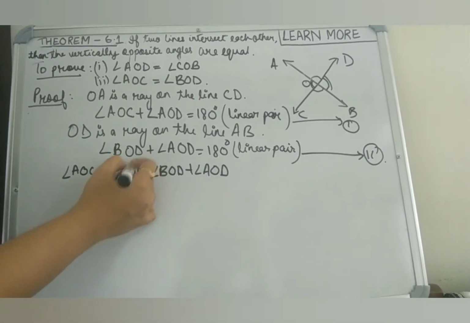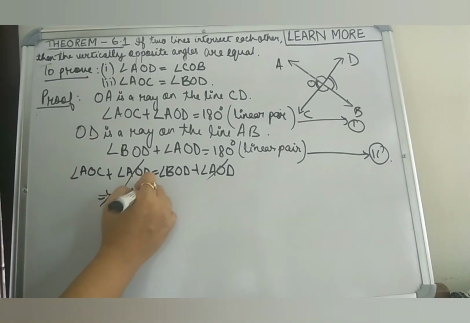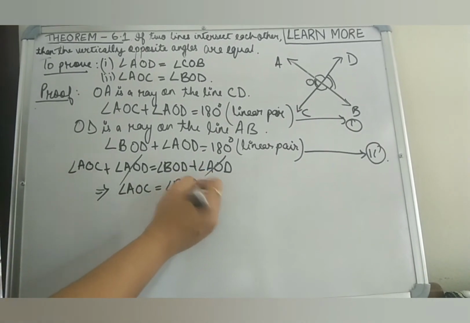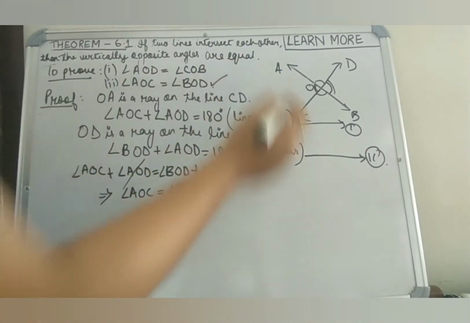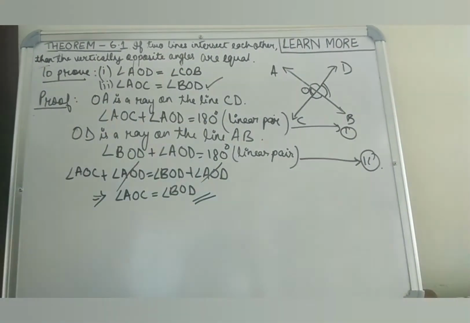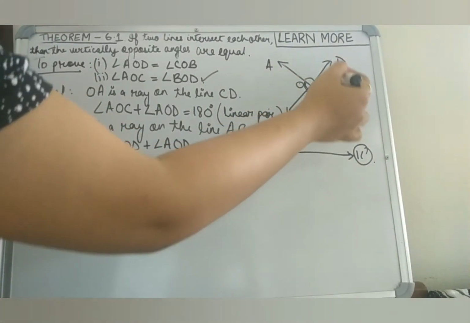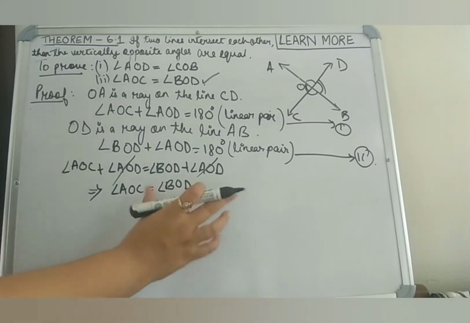So this will get cancelled, and hence we will find angle AOC will be equal to angle BOD. Hence we have proved the second one, that AOC and BOD are equal. Vertically opposite angles are equal.